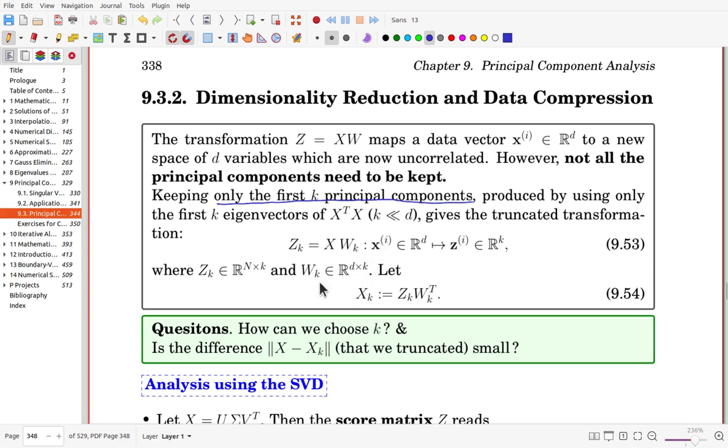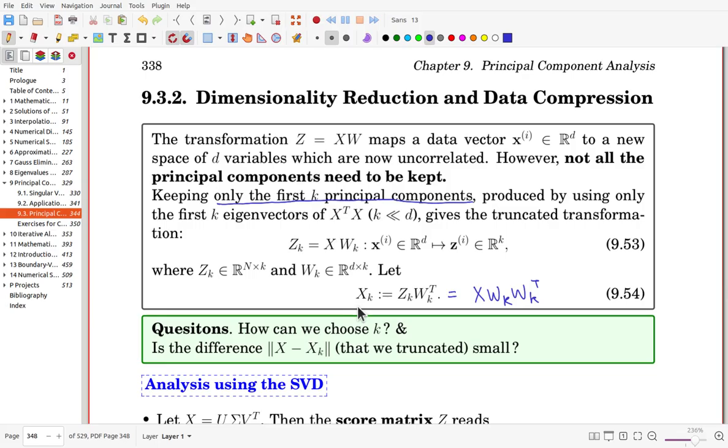Okay. Now in the data domain, it is in fact given in this way. Now Zk is X Wk, and Wk transpose. That, in the data domain, is an approximation.